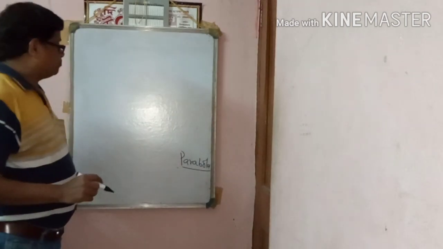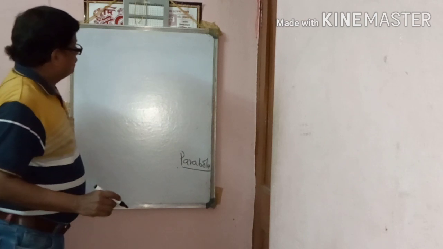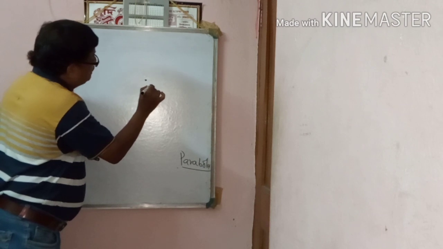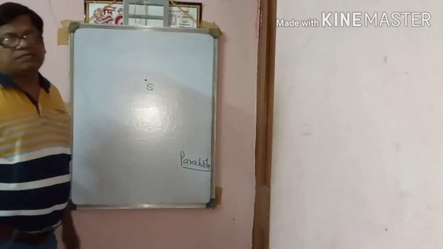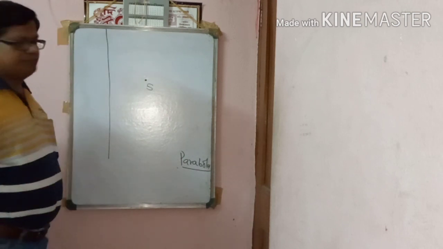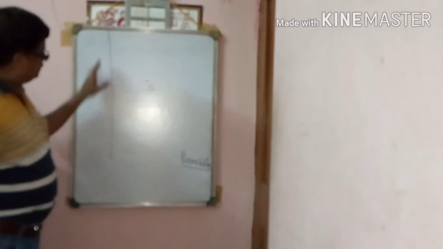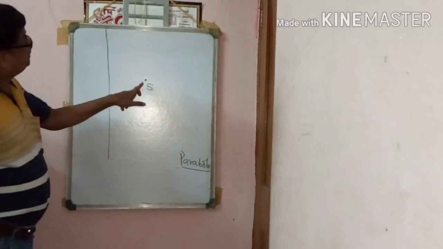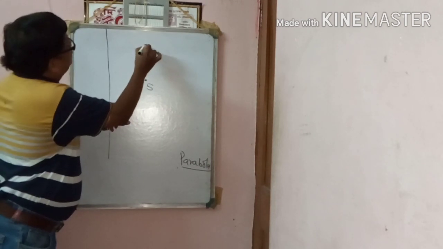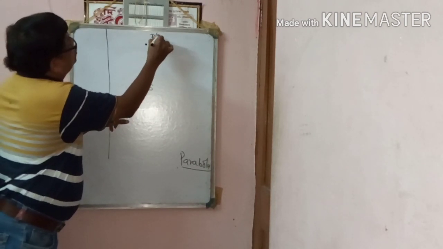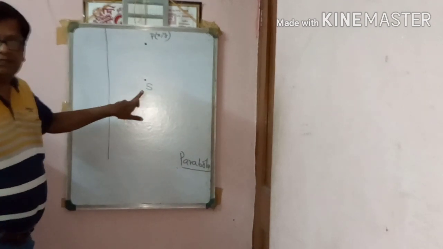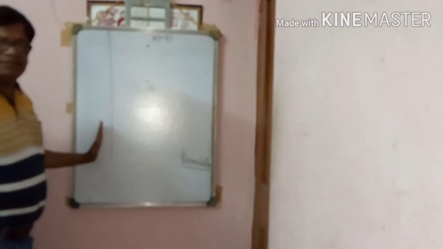Suppose one fixed point is given. This is a fixed point, no change. Suppose S is the given point. Here one straight line is there. This is a fixed straight line. Suppose a point P is here, with coordinates P(x, y).